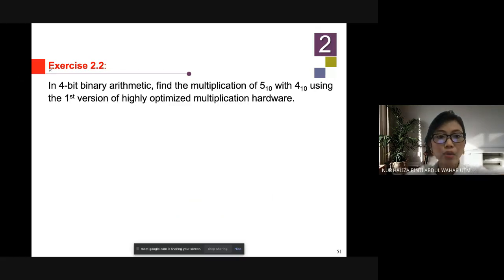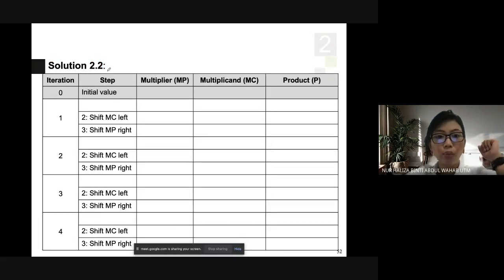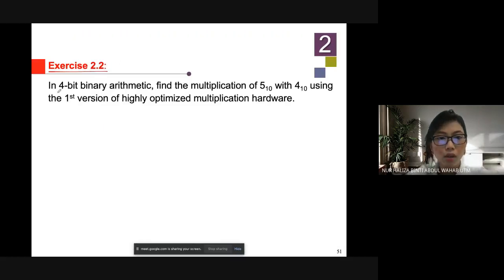So there is also another exercise. Exercise 2.2, you need to come out with a similar table. 4-bit binary arithmetic, you have 5 and 4, using the first version of the highly optimized multiplication hardware.